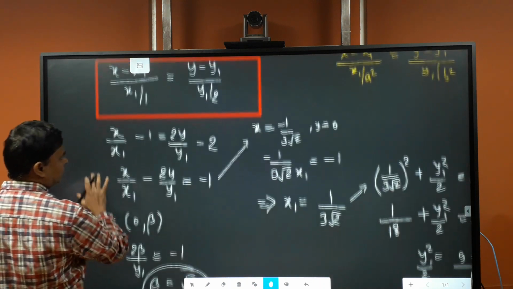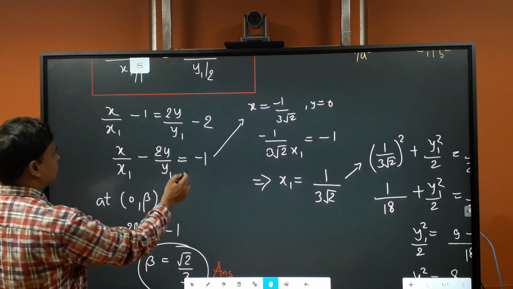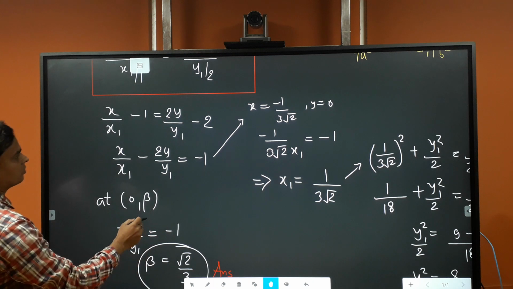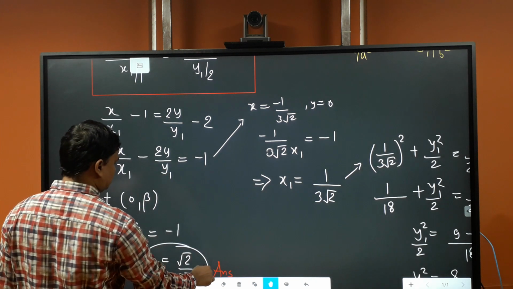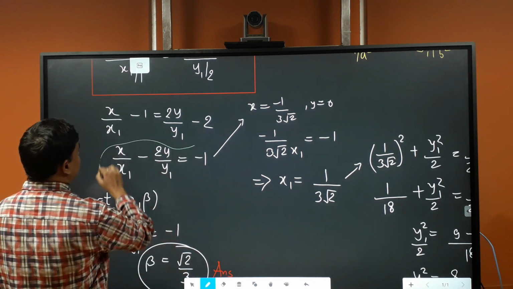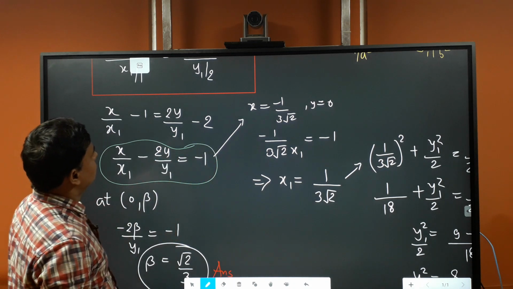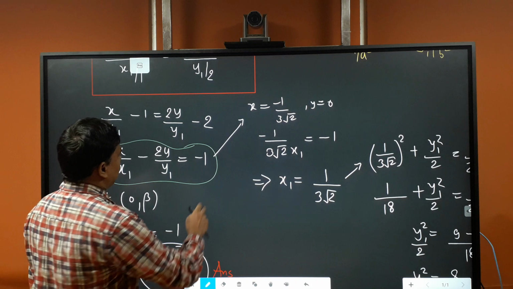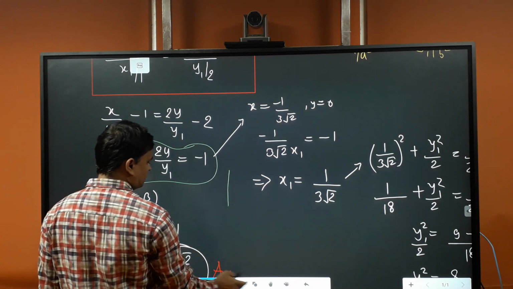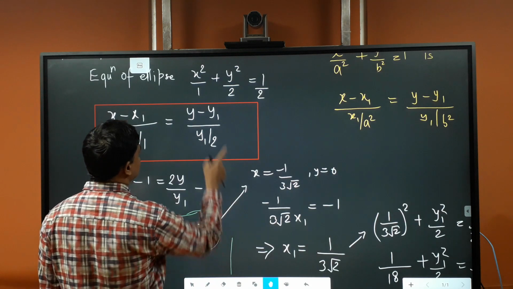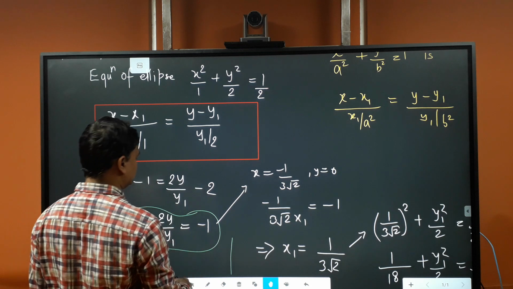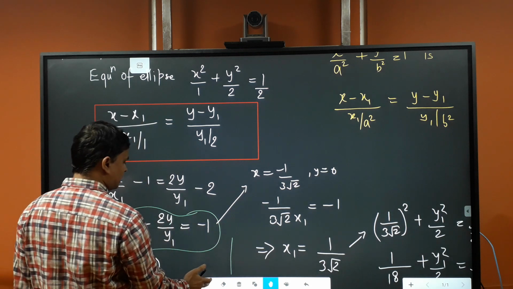Now accordingly, if I try to get the equation of the normal, I will get this. Okay, this is the equation of my normal, right? Actually I had highlighted this, but after simplification you will get this. This is much easier to handle.